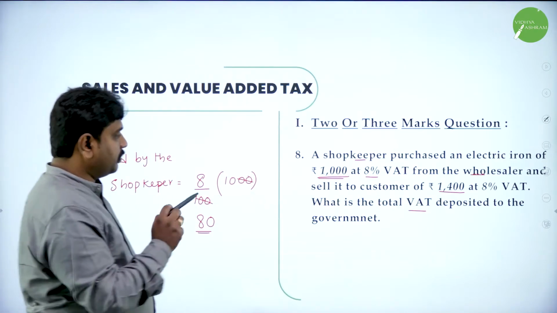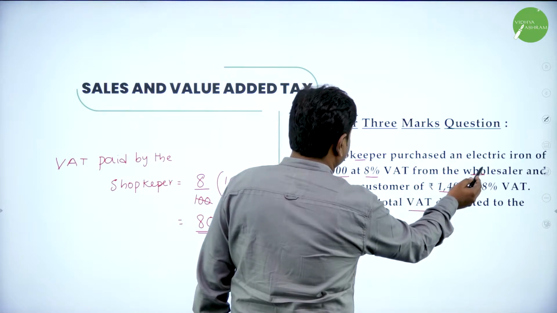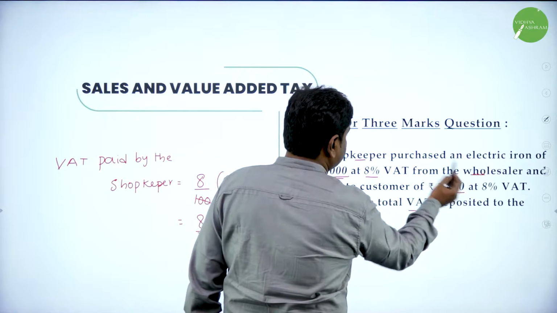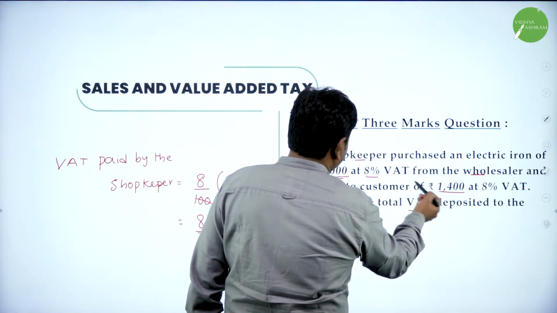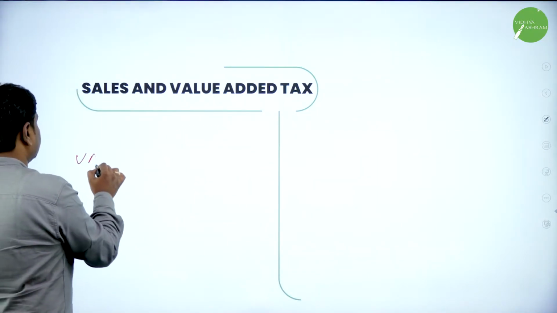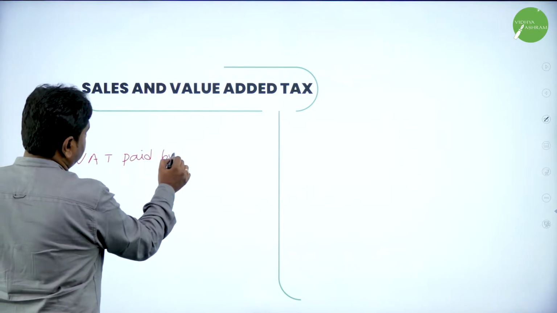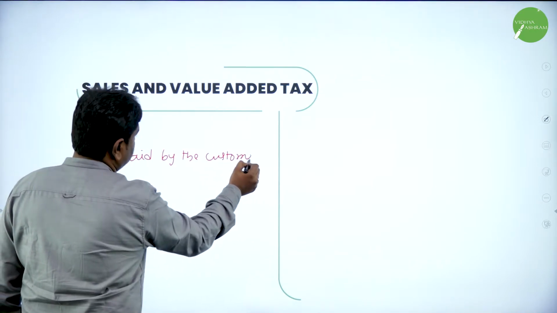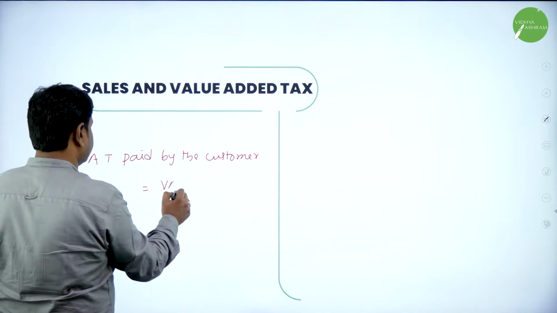Then the buyer or the wholesale, a shopkeeper purchased electronic iron of rupees 1000 from the wholesaler, and now he will sell it to the customer. So VAT paid by the customer. Again VAT percent into VAT percent.